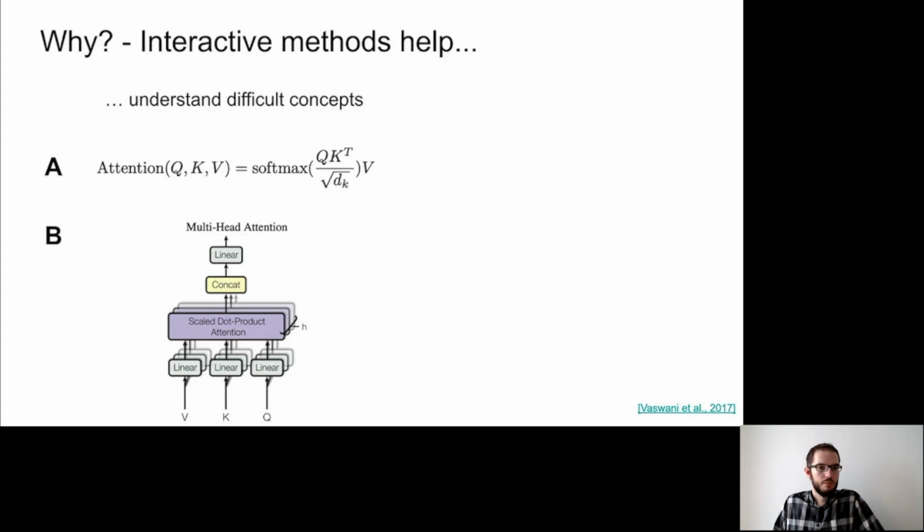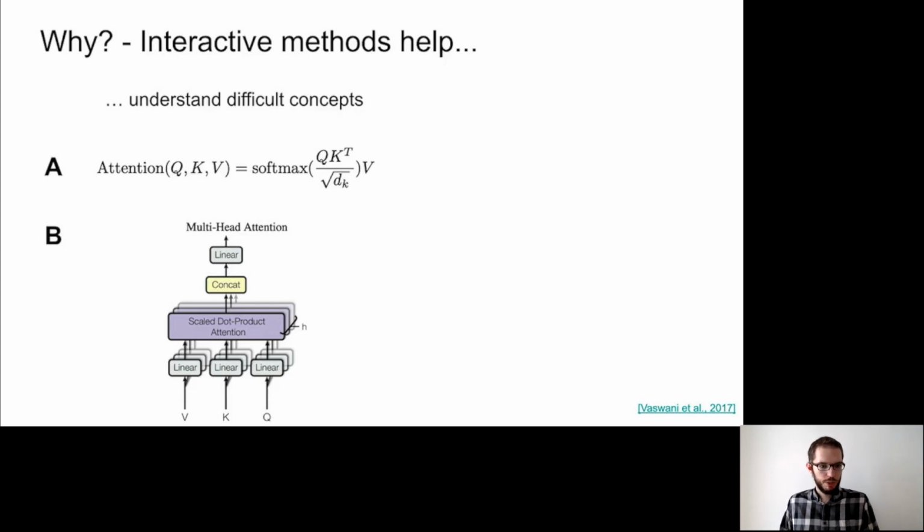We have the math explanations shown in part A here, and we have the figure shown in part B. If we were only looking at the math explanation A, we would have to understand that query, key, and value all correspond to matrices that are mapped onto multiple attention heads for each of the tokens in an input. And we will have to understand what these transformations actually do and what the output looks like.